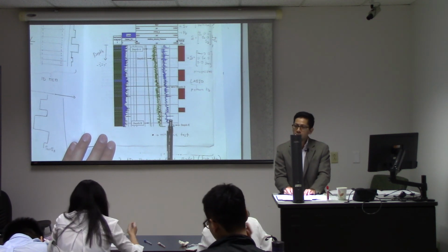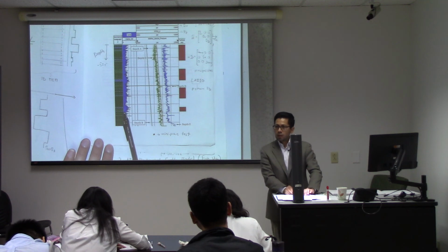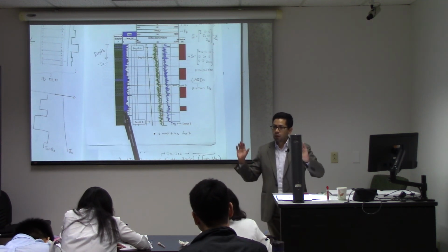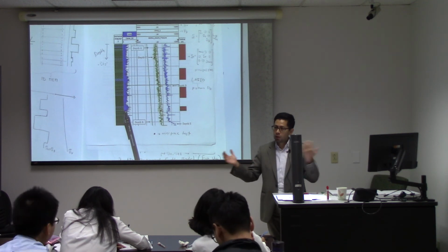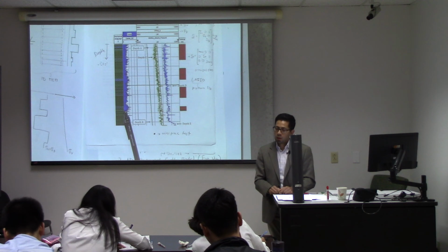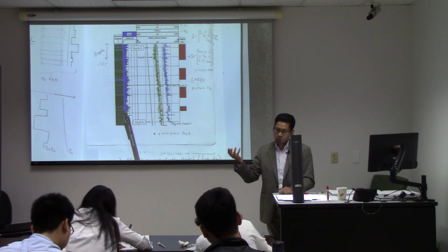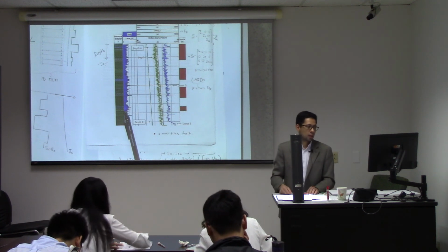You also measure the size of failures in a wellbore. We're going to see that later on, that the higher the horizontal stresses, the more failure you have around the wellbore, and also the orientation of those failures tell the orientation of horizontal stresses.